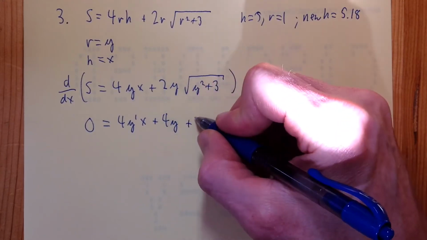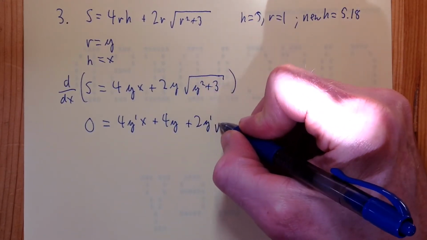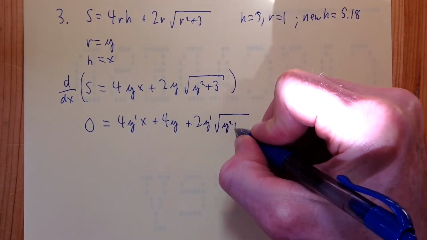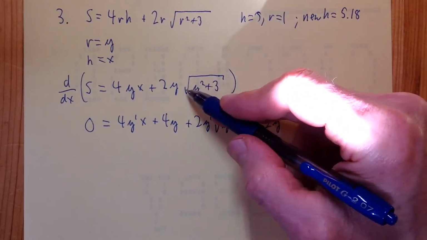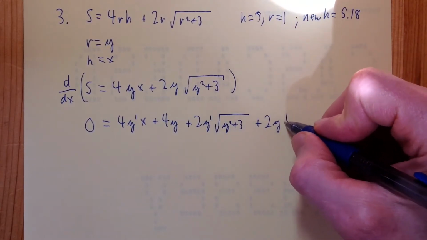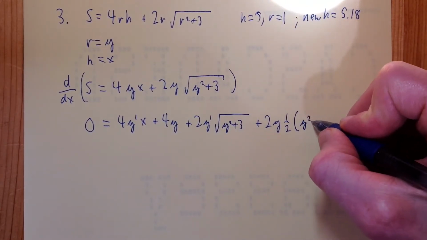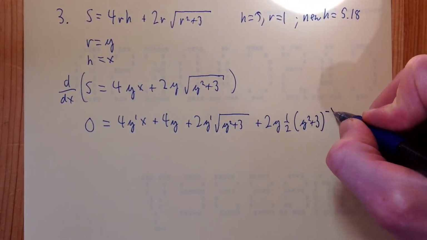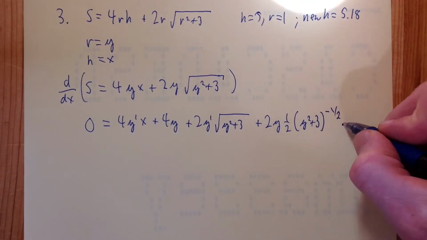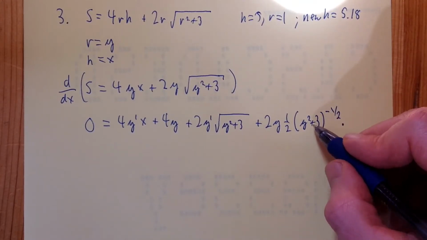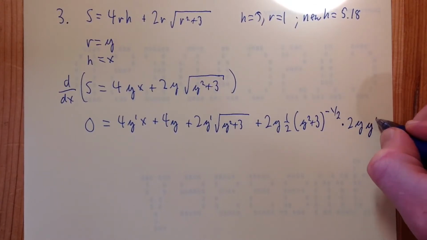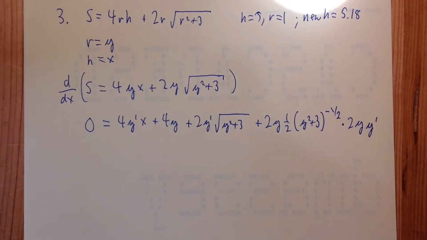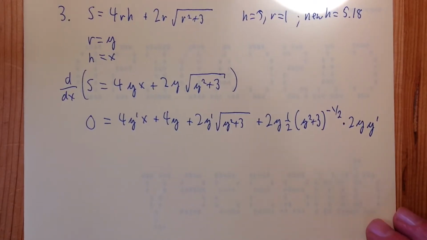Plus the derivative of the first is 2y prime times the second, square root of y squared plus 3, plus the first, 2y, times the derivative of the square root of y squared plus 3, which is 1/2 (y squared plus 3) to the negative 1/2 times the derivative of what's inside. Derivative of 3 is 0. Derivative of y squared is 2y times the derivative of what's inside, which is y prime. This looks like a mess, but it's really not that bad.